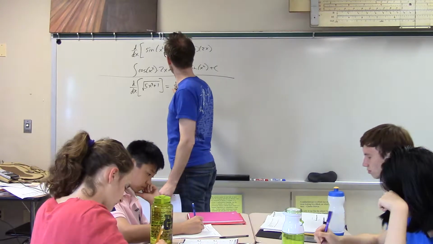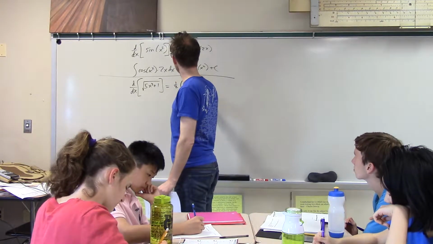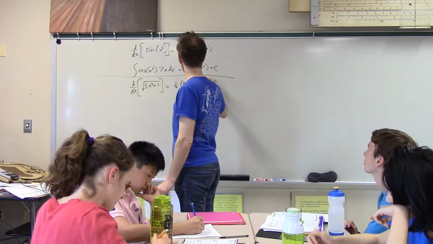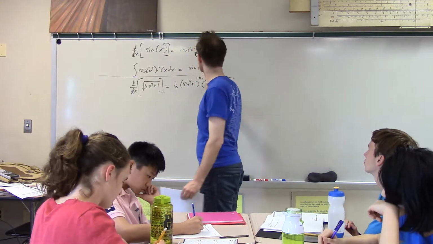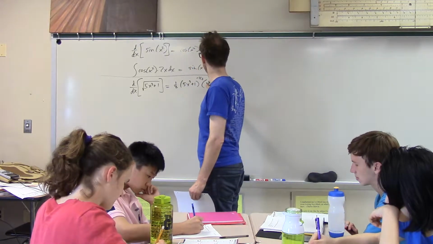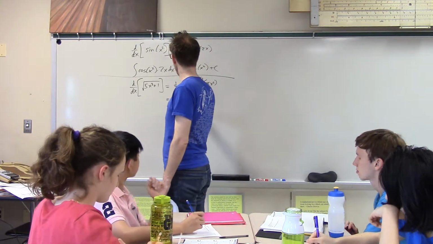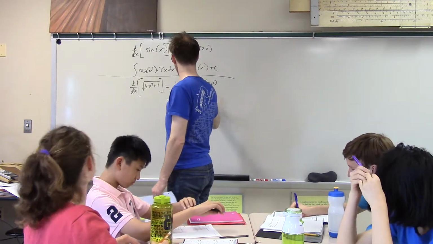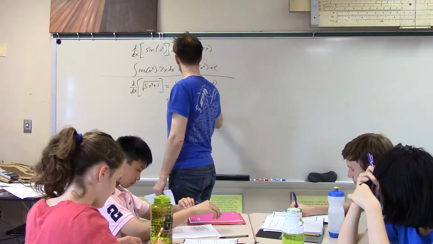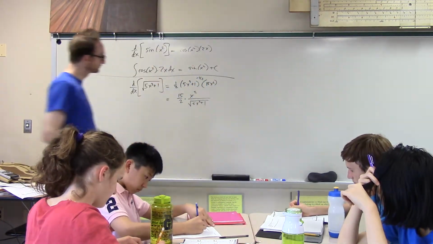Seems like that would be 1/2 times (5x cubed plus 1) to the negative 1/2, back inside, 15x squared. So that's 15/2 times x squared over the square root of 5x cubed plus 1.